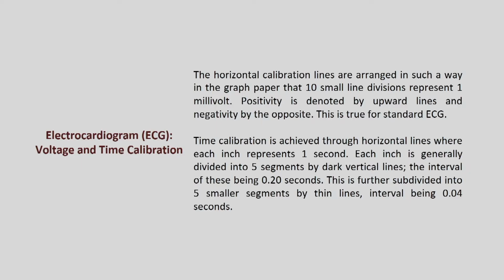When we are doing the ECG recording, it is very important first to calibrate the whole system and to understand how the voltage is measured while the recording is happening. The calibration lines in the graph are arranged in such a way that, on that graph paper, 10 small line divisions represent 1 millivolt.